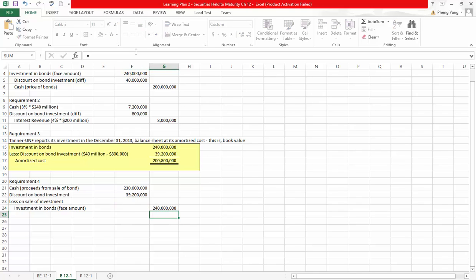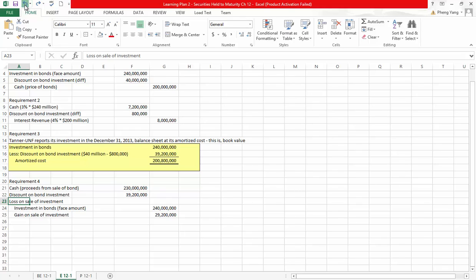Because if you add these two together, it certainly is way bigger than the investment that you initially invested into the bonds. So what you can do is add these two together and subtract this, and we would have a gain on sale of investment of 29,200,000. That's only if we sold it for 230 million, but that's not the case.